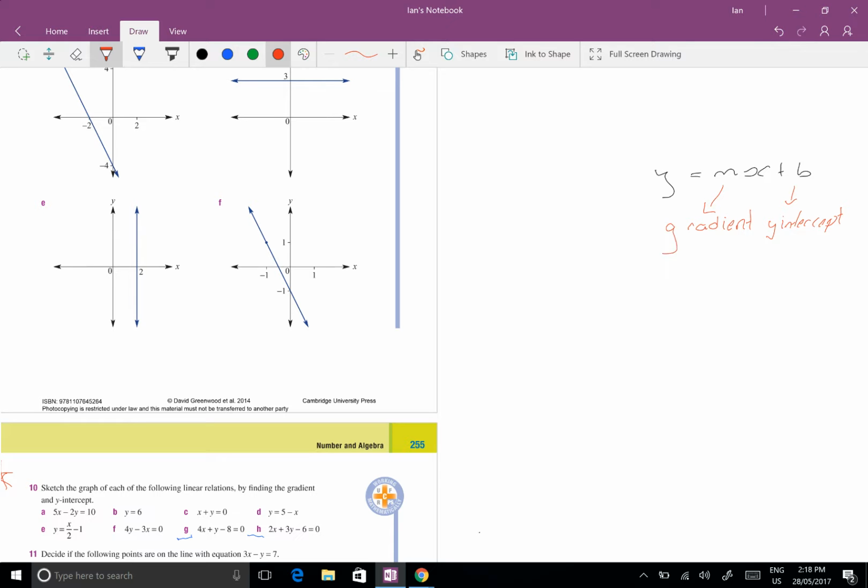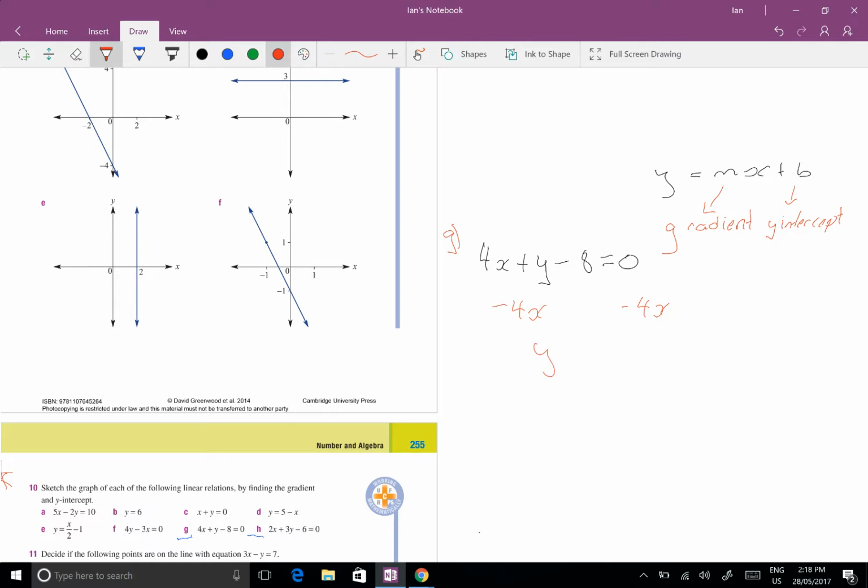So let's have a look at G. What have I got? I've got 4x plus y minus 8 equals 0. Now, this looks a lot easier, so let's minus the 4x straight away.